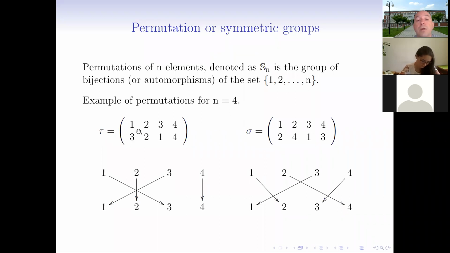One which I call tau sends 1 to 3, 2 to 2, so 2 remains unchanged, 3 to 1, 4 to 4, 4 remains unchanged. And this is graphically represented below. And sigma sends 1 to 2, 2 to 4, 3 to 1, and 4 to 3. So there are no fixed points for sigma.